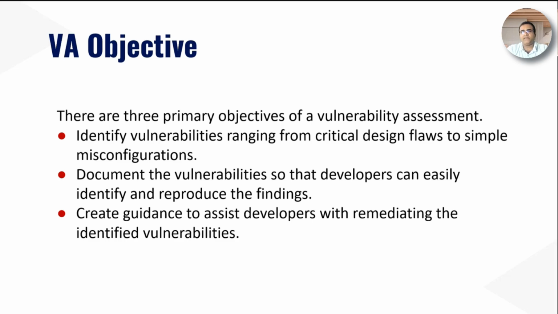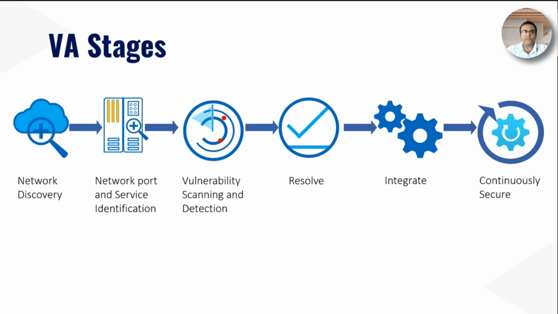Let's say it's an SSH misconfiguration: we have to tell them which configuration file to access and which parameter has to be changed to make it a secure configuration. Those things also have to be taken into consideration when doing the documentation, as part of the VA objectives.